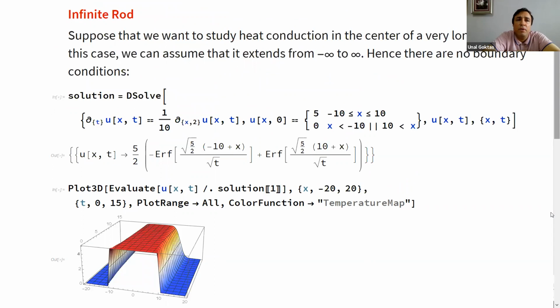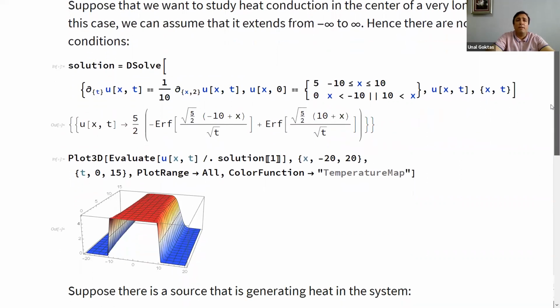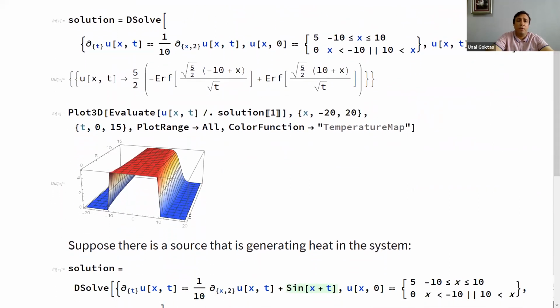Next, suppose we are at the center of the very long rod. In this case, we can assume that it extends from minus infinity to plus infinity. So this time we have an infinite rod, and therefore we don't have any boundary conditions. We just have the initial condition. The solution is returned in terms of the error function again. And when we plot, the solution will look like this.